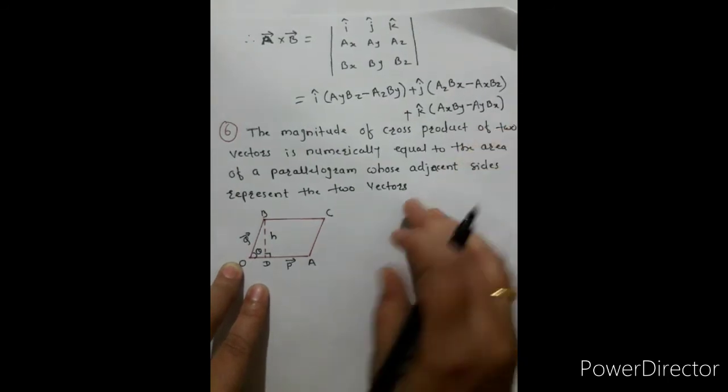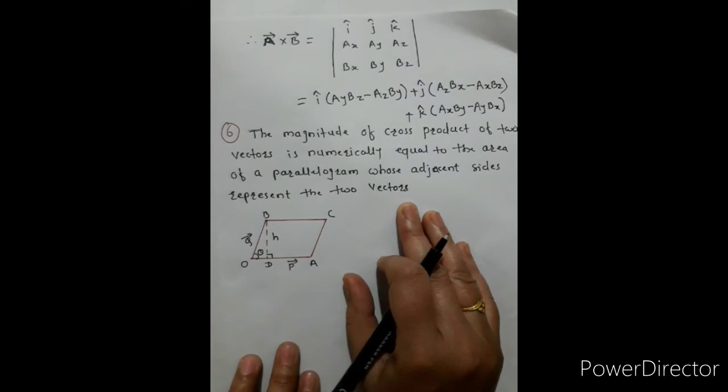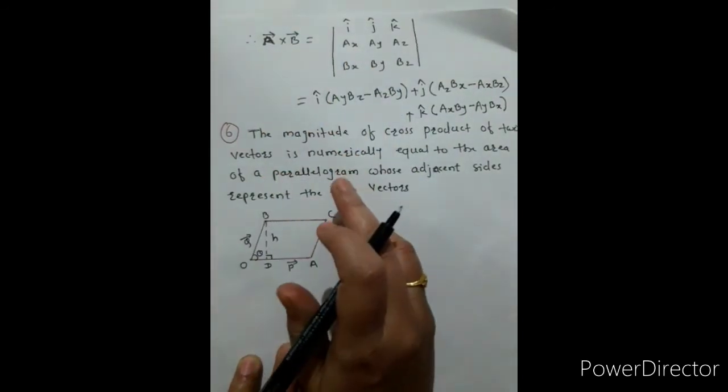Okay, so this is the cross product of two vectors.